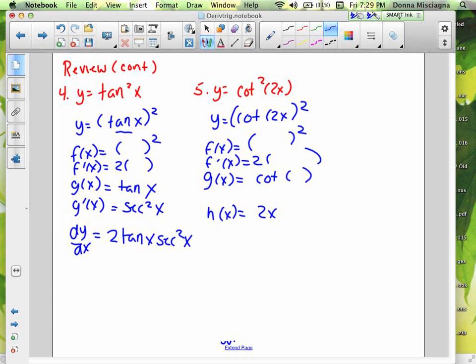Okay. Ooh, those are the worst looking parentheses I've ever seen. And the derivative of cotangent blop is a lot like the derivative of tangent, except it's negative, and it's cosecant.